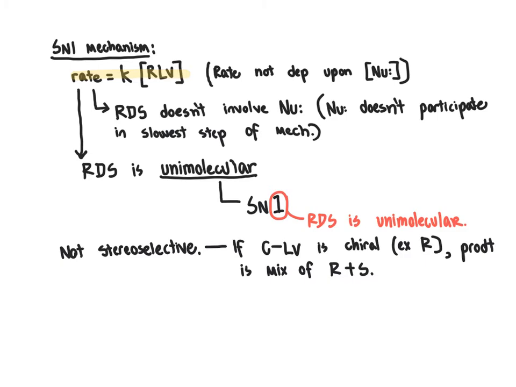Instead, the product is going to be a random mixture of the R and S, typically a racemic mixture, where racemic mixtures are defined as an equal mixture of the R and the S enantiomer there.